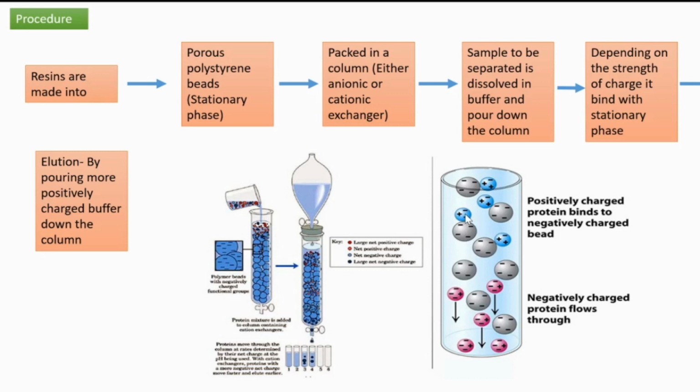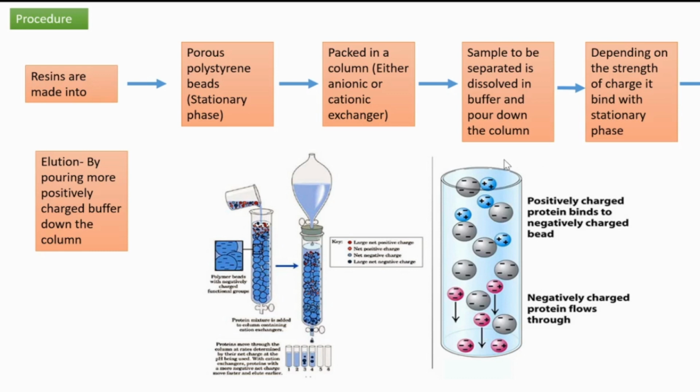So secondly, we can drain out the bound positively charged components from the column. Even then, some additional positively charged components may remain bound to this resin. What do we have to do?